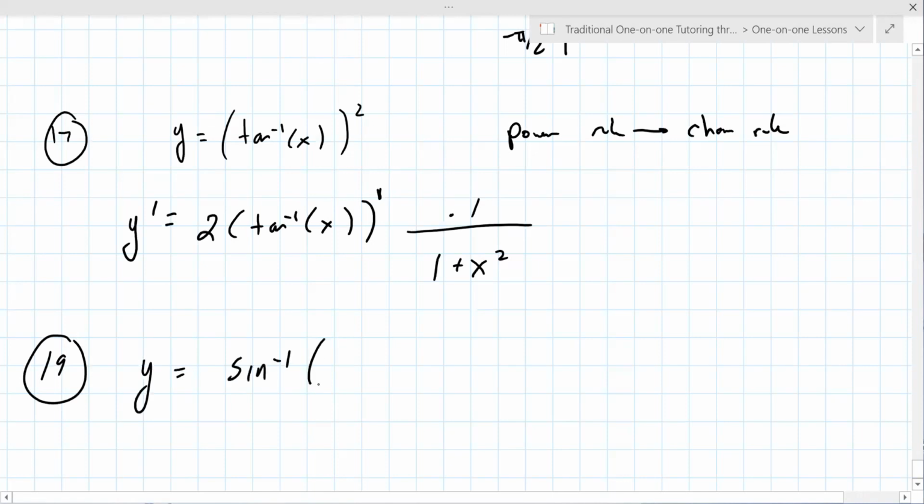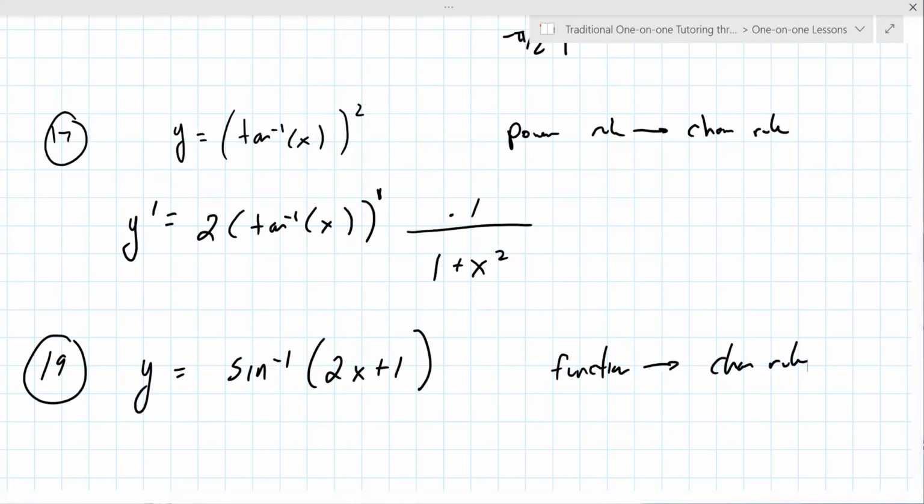So y equals sine inverse of 2x plus 1. I call this a function followed by a chain rule. So you need to know the derivative of arc sine. Do you have your derivative table up for that? I do not.